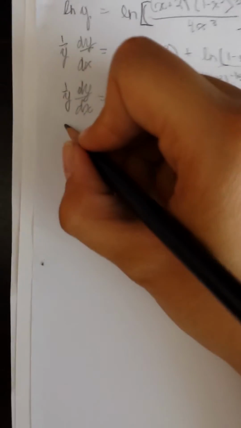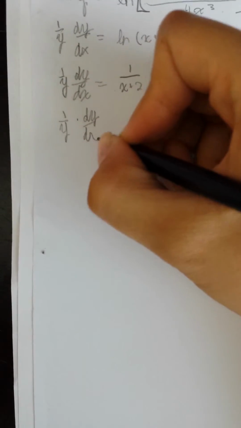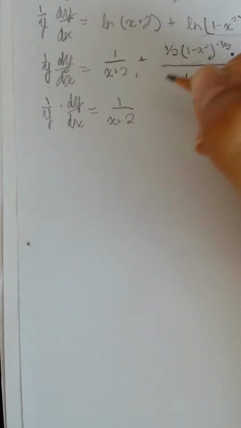Okay, so now what we gotta do is simplify all this. So you still have your 1 over y times dy/dx, that's just being carried down. Can't simplify the 1 over x plus 2, so you just copy it down.